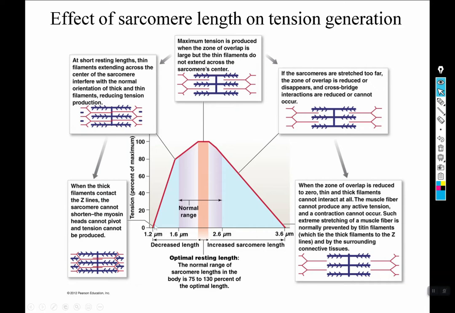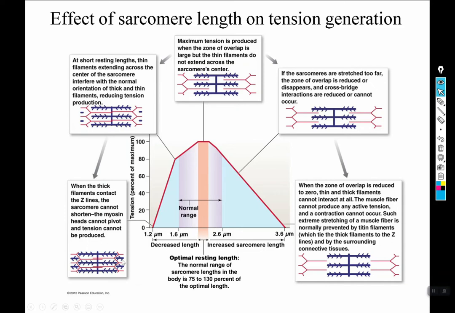This might be a little confusing because you're like, hey, this is already maximally contracted, so why isn't it at 100? That's because we're already doing as much tension as we can in this picture, so we can't generate any additional tension. What this axis is showing you is how much additional tension can you get to from this starting point. And if you're already contracted, the options for increased tension are 0.